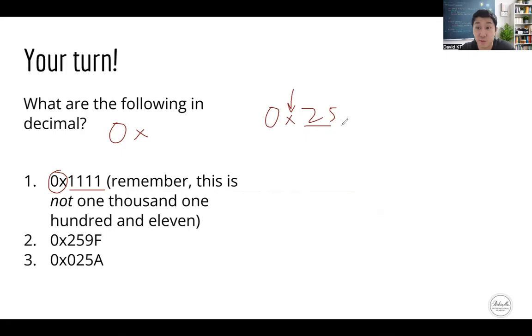This is 0x25, not 25. Same thing for here, 0x11. Well, is this 1111 in decimal? Is it 11 in binary, or is it 11 in hexadecimal? Hard to tell. So we have this just to indicate hexadecimal. Right? So go pause the video and figure these three out. I'll be waiting.